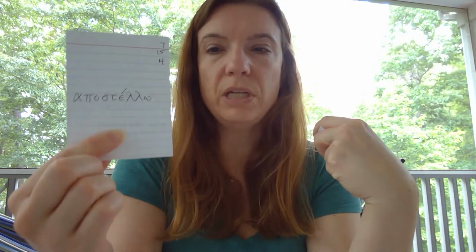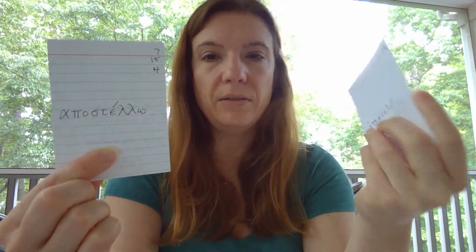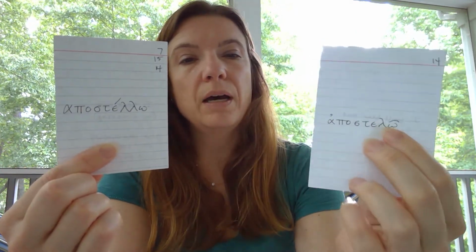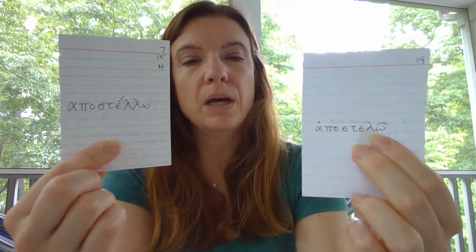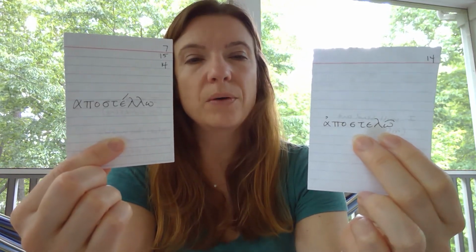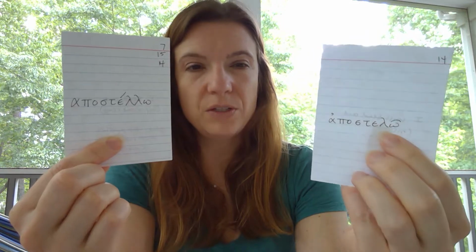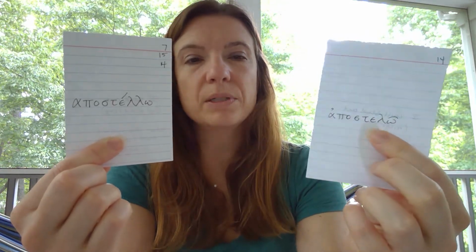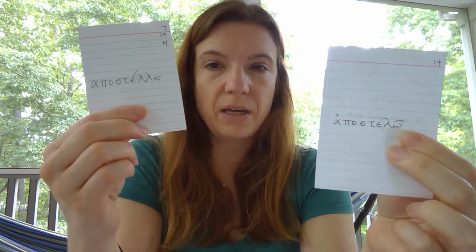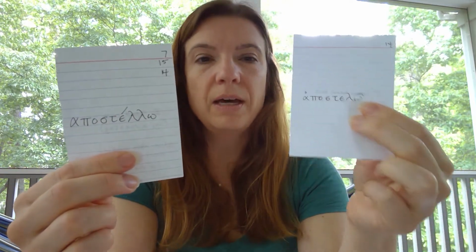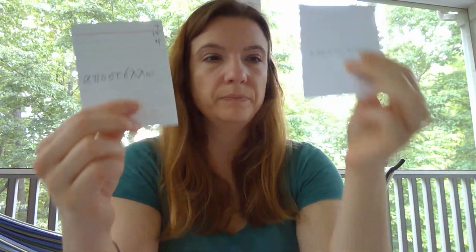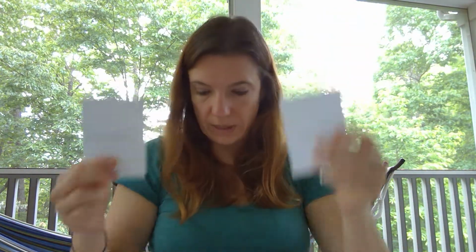We used to have apostello, I send out, like send out a messenger with a message, and now apostelo. Your turn. You can hear the circumflex, the accent, the difference. Apostello, apostelo. I send out, I will send out.